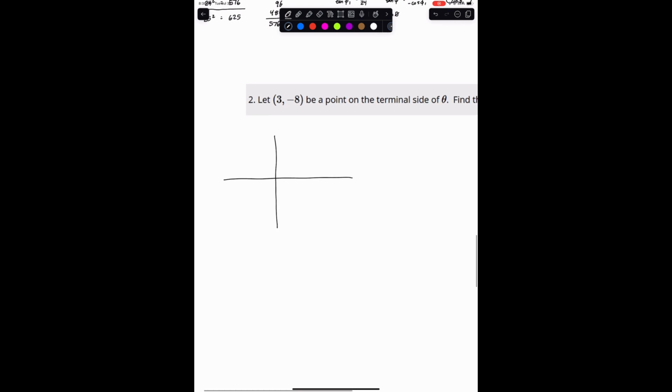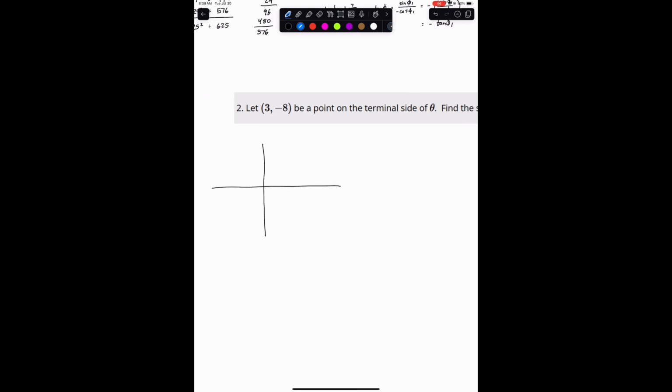Okay, so here we have the same deal again, and this time I'll go a little faster. We're using 3, negative 8. For 3, we go left 3, and we go down negative 8. And then here's our hypotenuse.